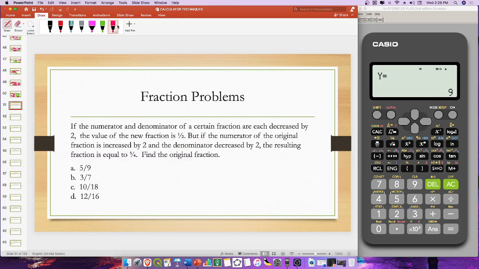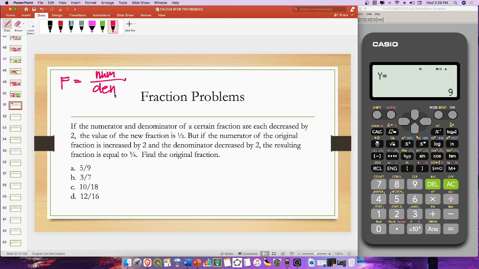Now we go to fractions. Fraction problem. Okay, we know that a fraction can be defined as the numerator divided by the denominator. That's how you define your fraction.